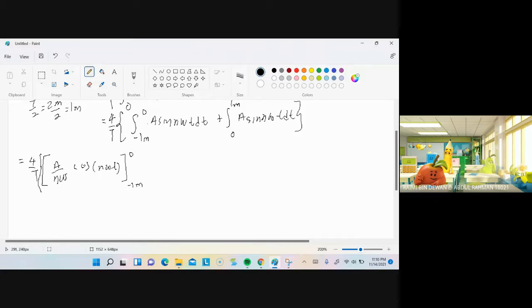And next, its friend. Negative A and omega. Then you have the cos here. Cos n omega t.